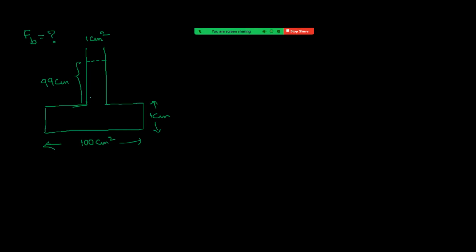Okay, then see how to calculate. We have to calculate now what is the pressure at the bottom. If we know that, then multiply that pressure by the corresponding area. So area is known. Focus now on what is the pressure. Let us neglect pressure of the atmosphere. P naught is neglected.